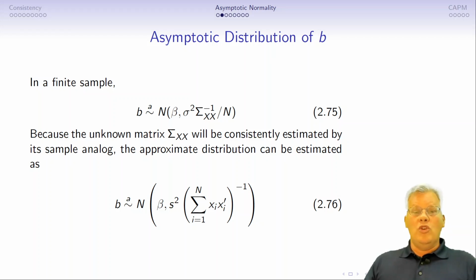We use, again, Verbeek's hybrid notation to illustrate exactly how that would be done. So this would be the approximate distribution. You'll notice that in 2.76, as compared to 2.75, we have substituted s squared for sigma squared, and we've substituted the sample analog for sigma sub xx quantity inverse.